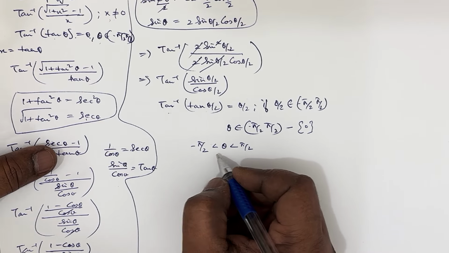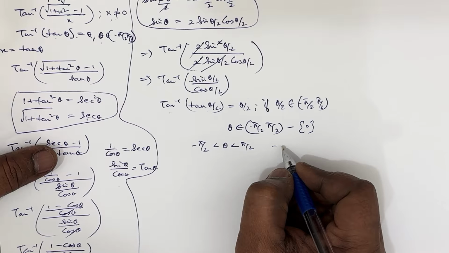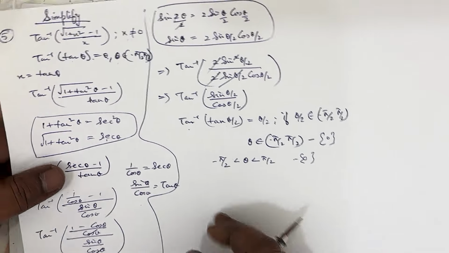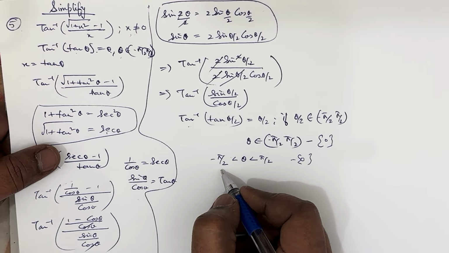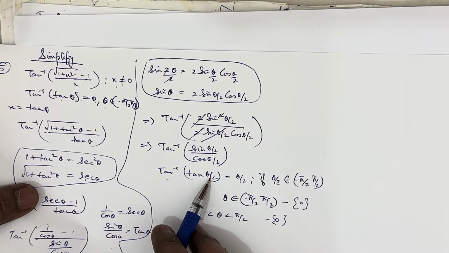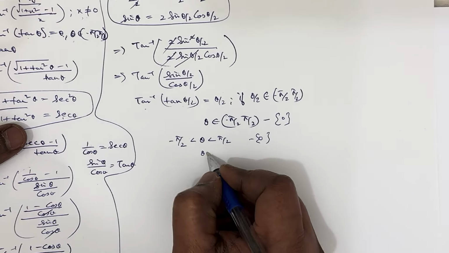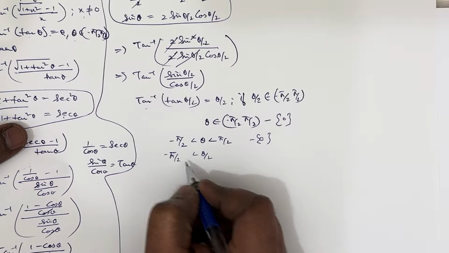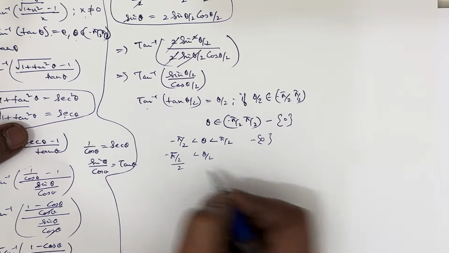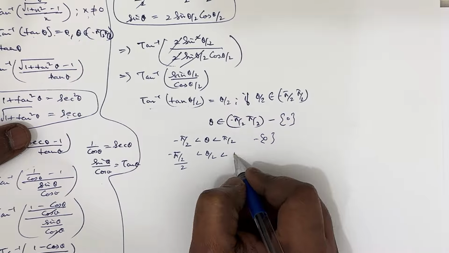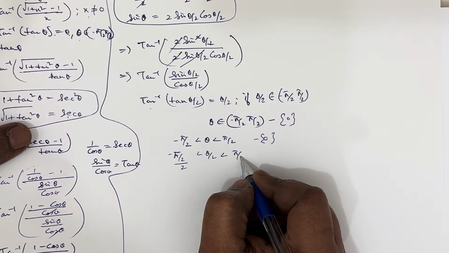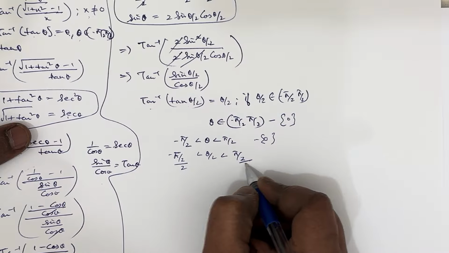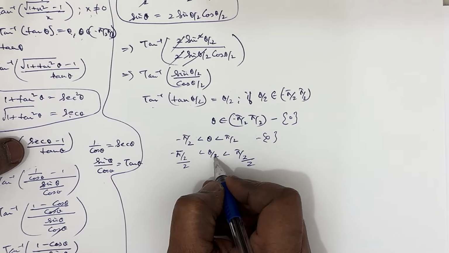So minus pi by 2 to pi by 2, excluding 0. Now we have theta by 2, so let's take minus pi by 2 less than theta less than pi by 2, all divided by 2, since this is theta by 2.